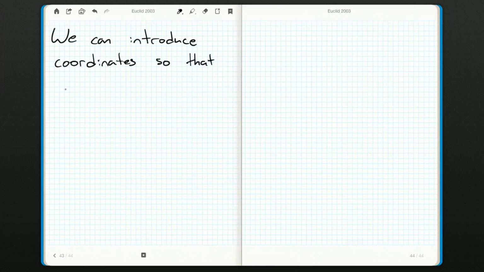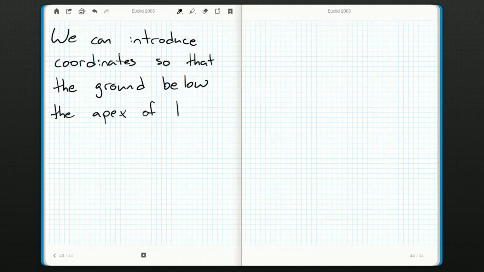So we can introduce coordinates so that the ground below the apex of Herc's trajectory is 0, 0.